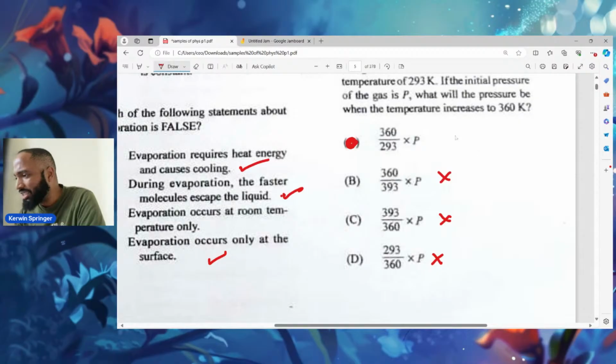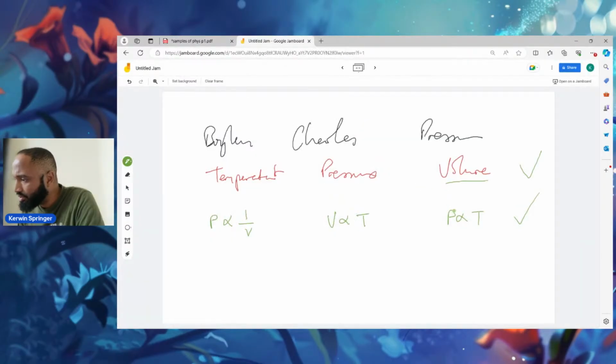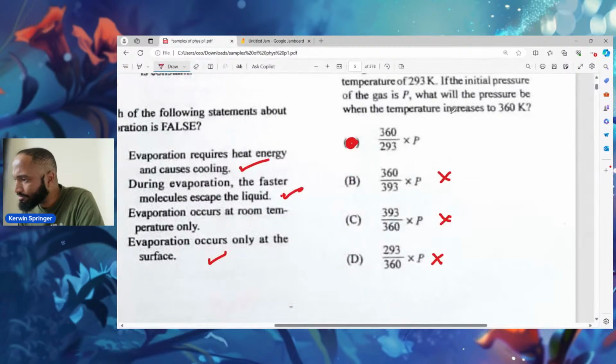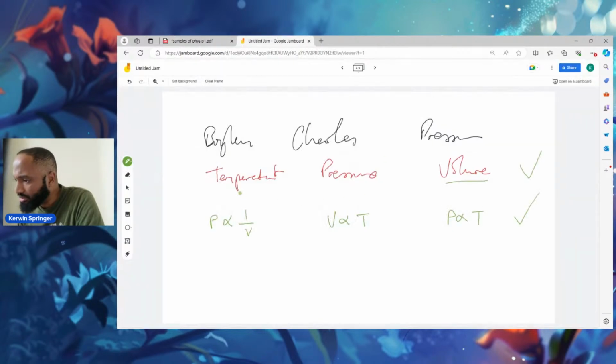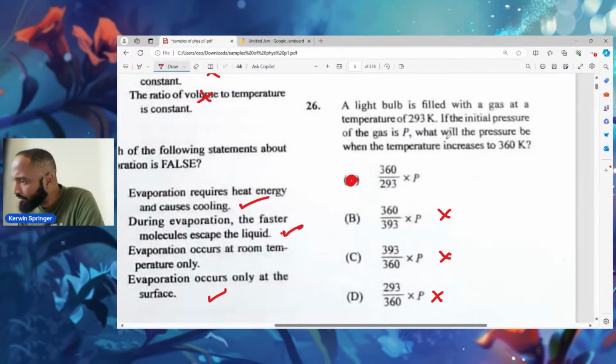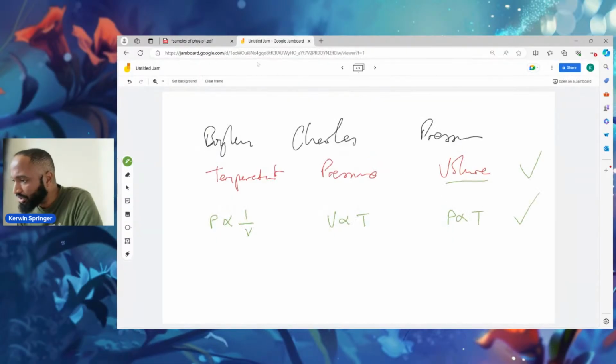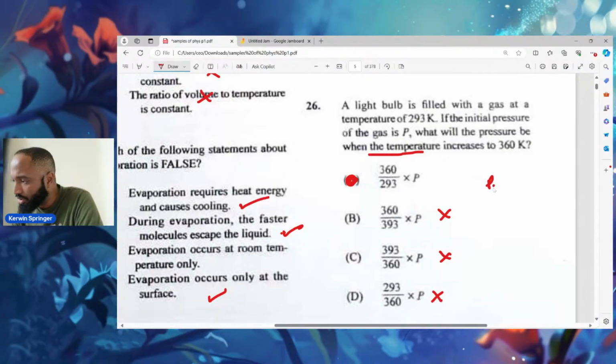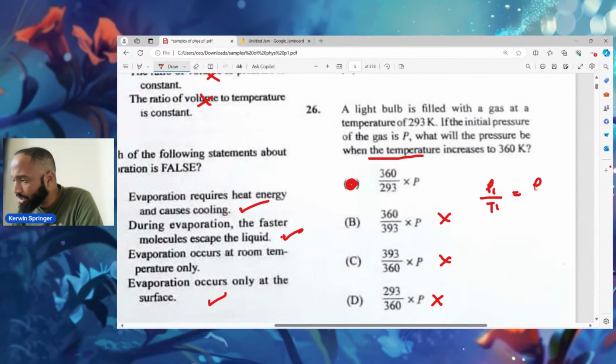But of course you could use the little gas laws from before to work it out. Just put the missing value as T. So which one is constant? Volume is constant. The pressure law, P over T. So P1 over T1 is equal to P2 over T2 is what you're looking at.